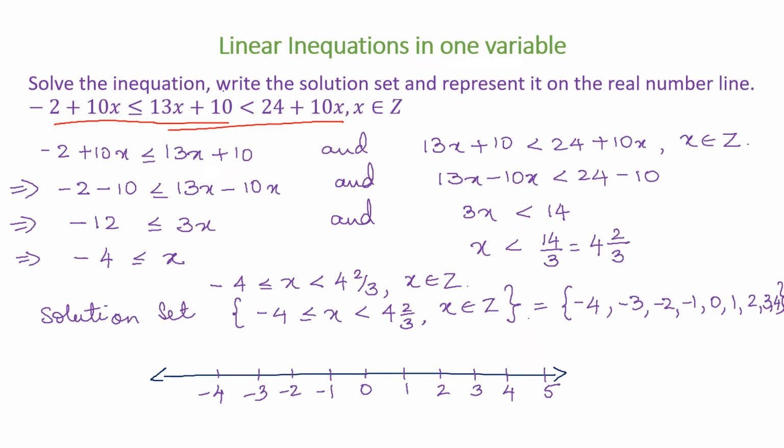4 2 by 3 is going to be between 4 and 5. But the integer before 4 2 by 3 will be 4, which will also be in the set of integers.